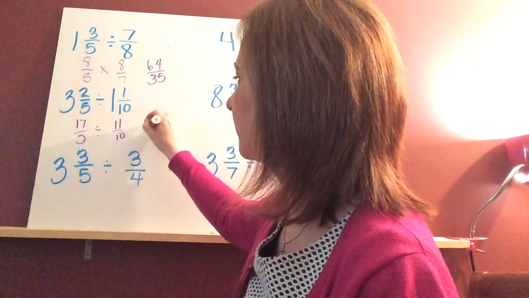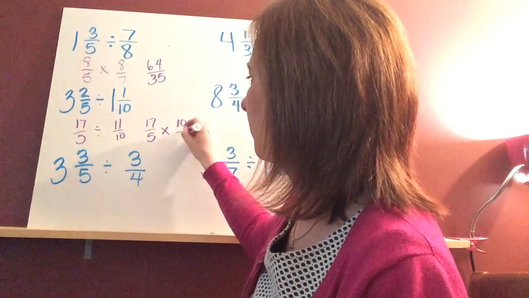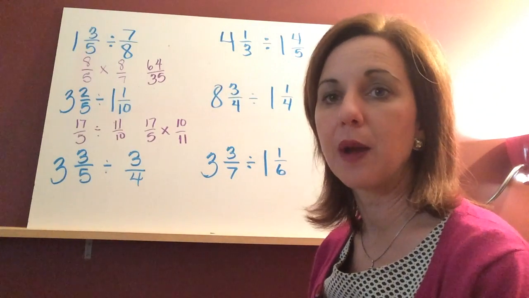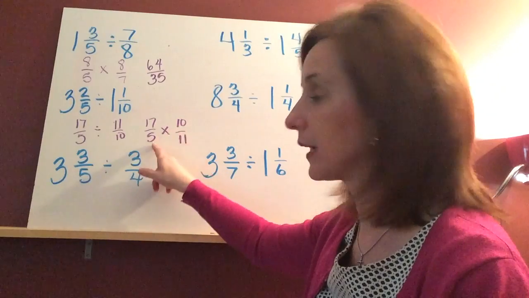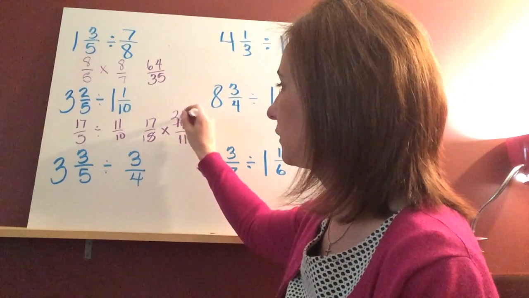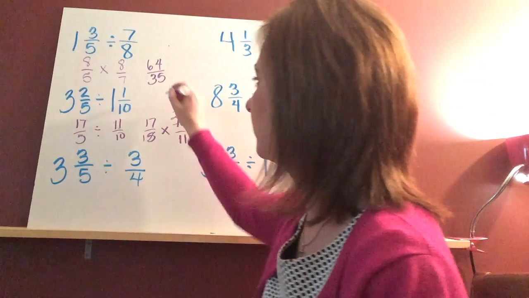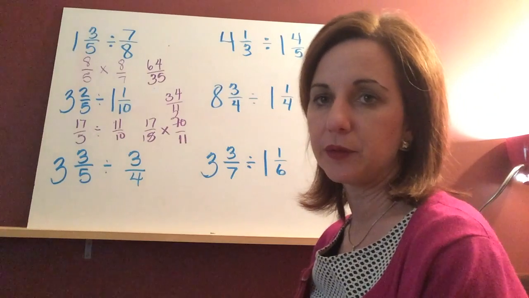And now we will stay, switch, flip. Now again, because this is a multiplication problem, I can use the rules previously learned about multiplication, and I see here that I have something I can simplify. So this is 1, and this is 2. 17 times 2 is 34, and 1 times 11 is 11. 34/11 is the answer to the second one.